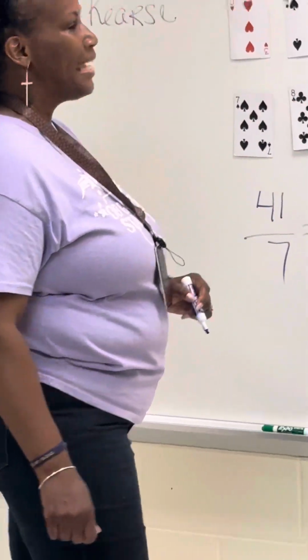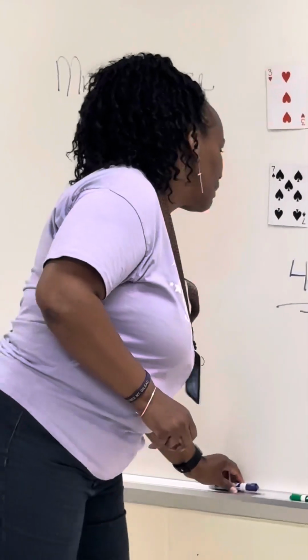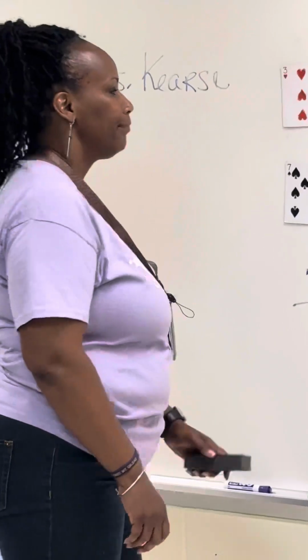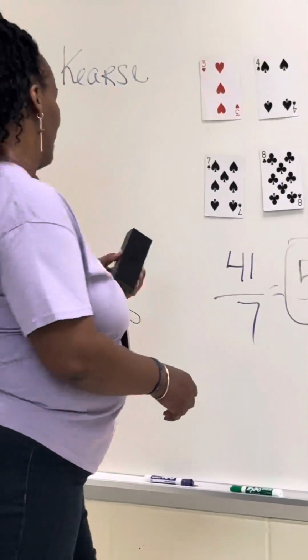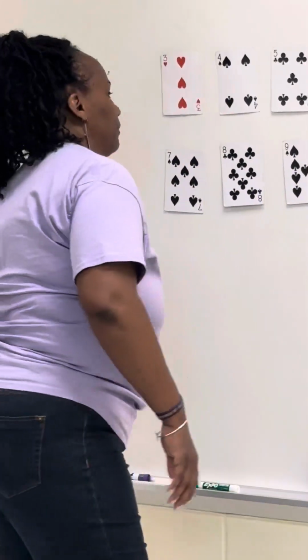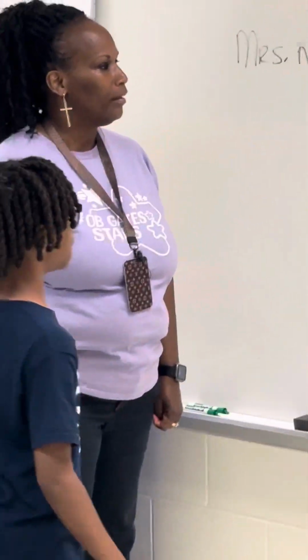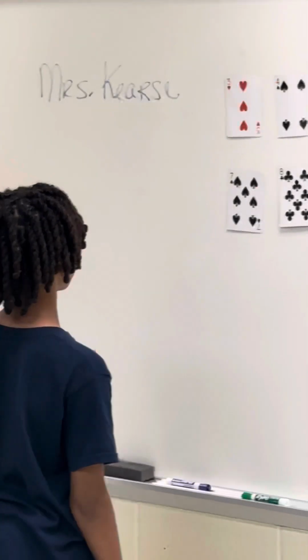That's our mean. Okay? And so I'm going to get someone to come up and do the median. I need a volunteer to do the median for me. Come up, do the median for me right quick. Tell me what the median is first.